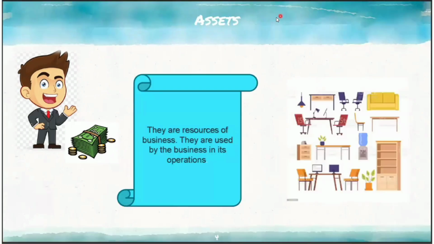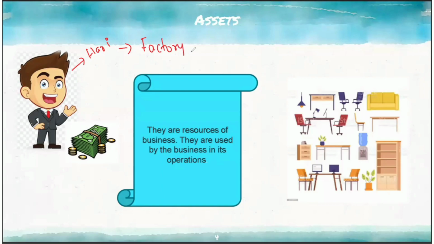Next concept is assets. Now let's understand this with an example. Hari wanted to start a factory. To start a factory, what are all the things he requires? What are the resources he may require?